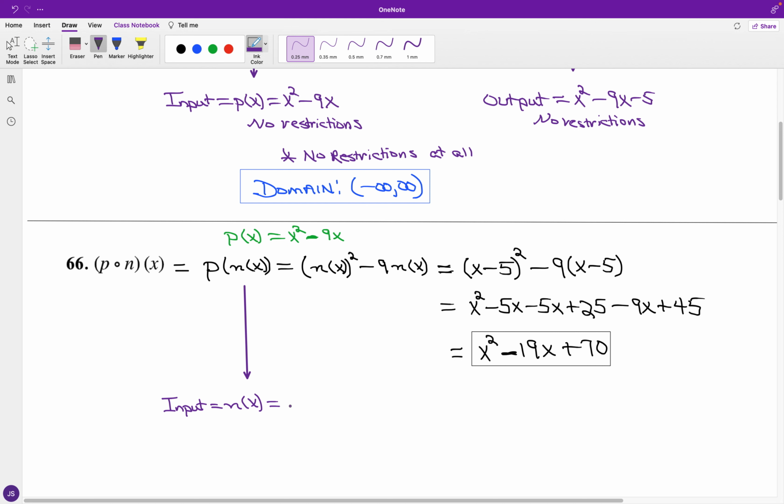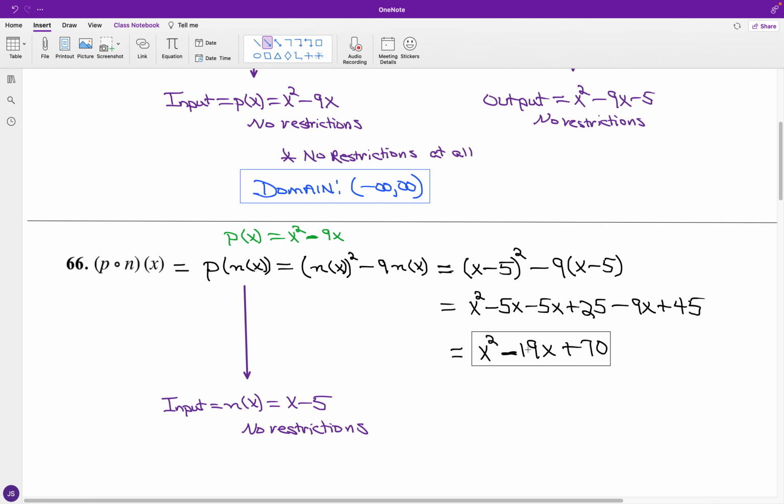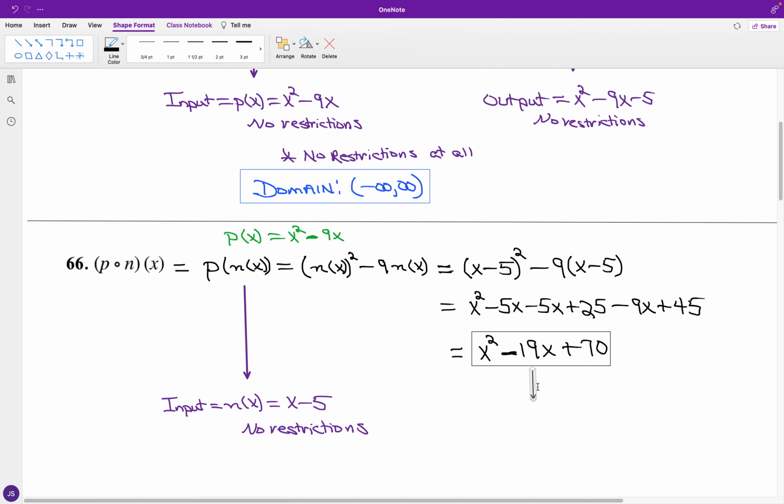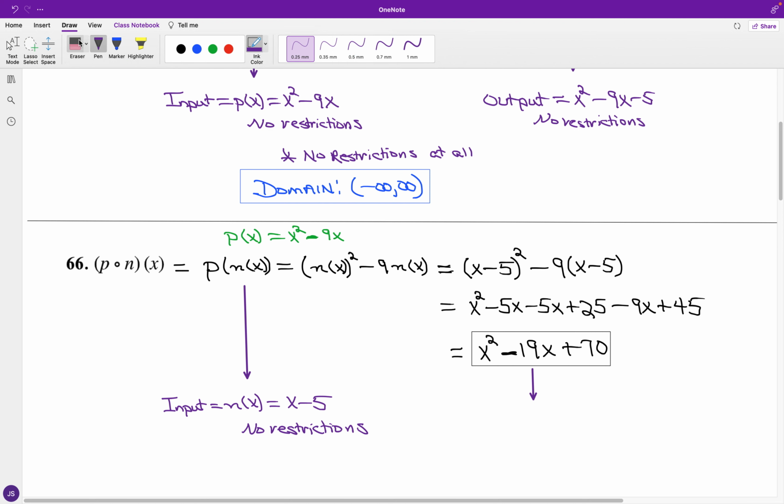Okay, so the input is equal to n of x, which we have at x minus 5. And we have just a linear function. Again, no radical, no fraction. So this part has no restrictions. And for the output, again, the composition, we have all the terms to be direct, and we have no even root radical.